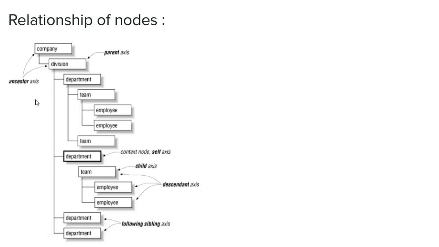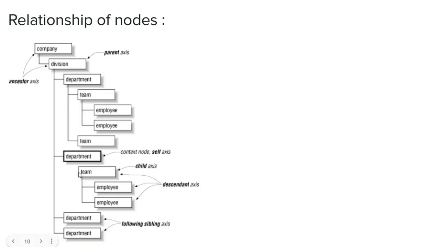So by using that relationship of parent and child, I can find the XPath for this division node, because this is the parent of the department node. We will see the syntax in our coming session, but just understand the concept that this division node is a parent of this context node. So we can use that relation in our XPath and find the location of this division node because it is a parent of the department node.